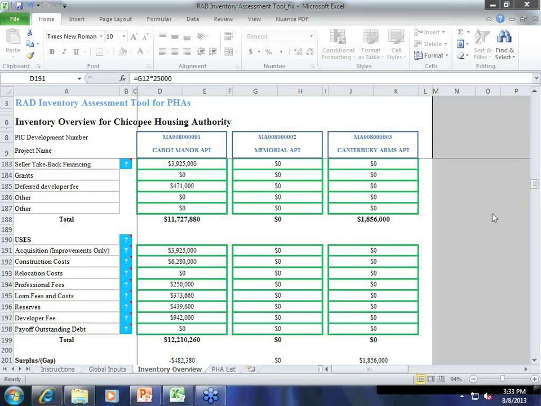That issue is not really a RAD question. It's really a question that your HFA and your investor have to be comfortable with. But as far as the RAD team is concerned, that would be our answer. That is the answer that others in the industry have gotten.